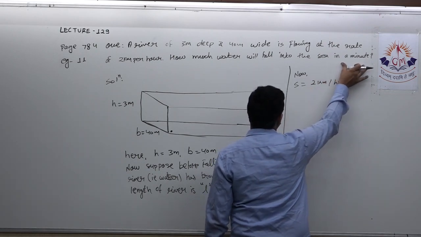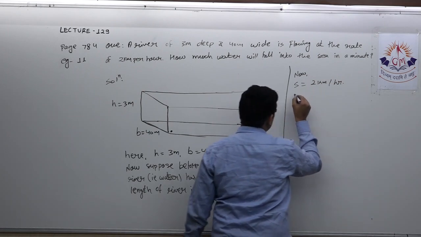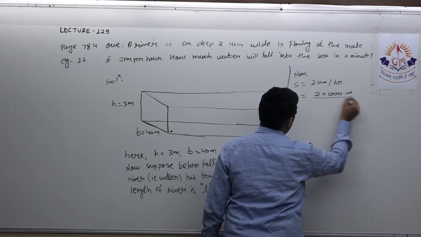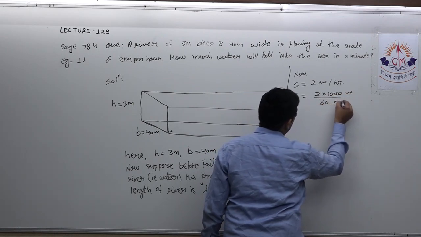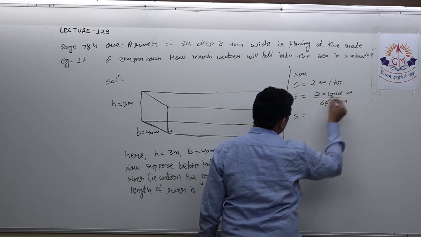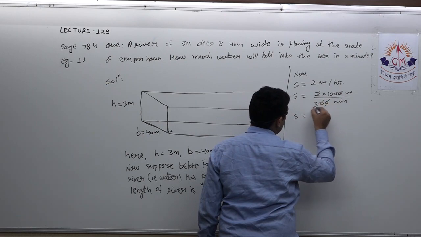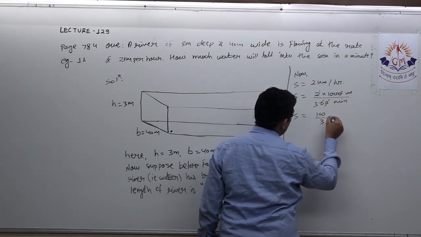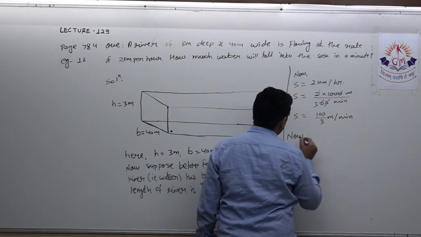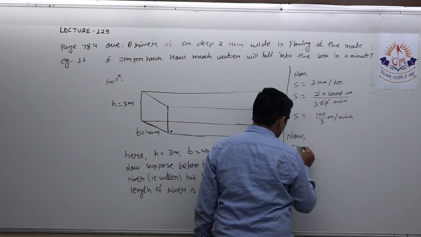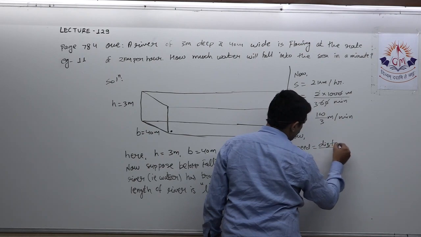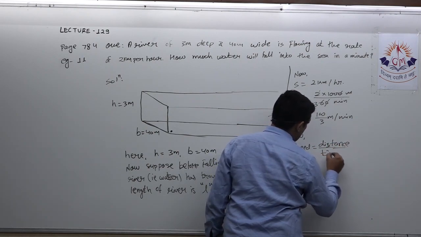Okay, and here time is in minutes, so we have to convert this into minutes. Therefore s is equal to 2 into 1000 meter upon 60 minutes. So this gives you s is equal to, I can cancel 2, so 100 upon 3 meter per minute. Now speed is equal to distance upon time.